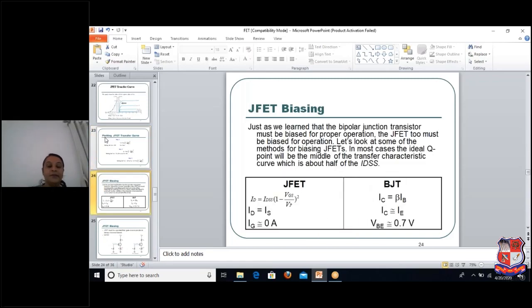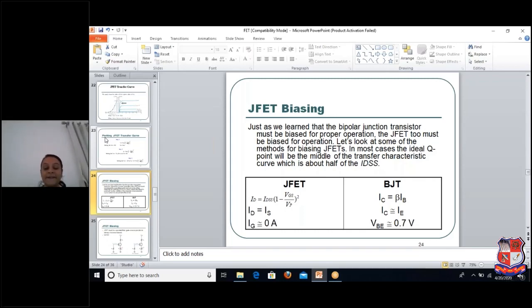So here is the JFET biasing. Same as whenever we use BJT biasing, the BJT has some parameters like IC equal to beta IB, IC equal to IE, and VBE equal to 0.7 volt.